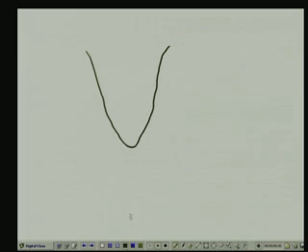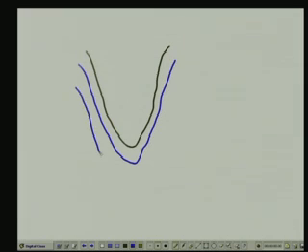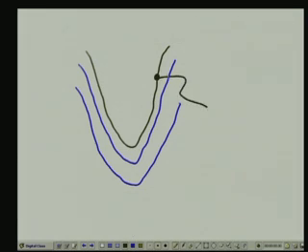So let us say we have got a land surface that is protruding into the sea, and the bathymetric contour near shore is also reflective of that kind of landform. This is the coastline.